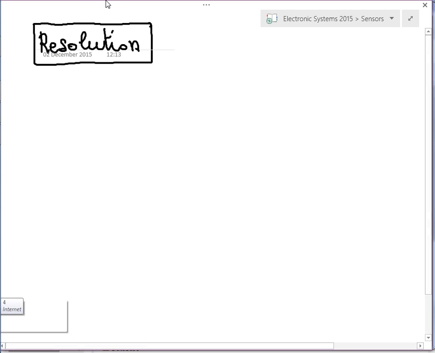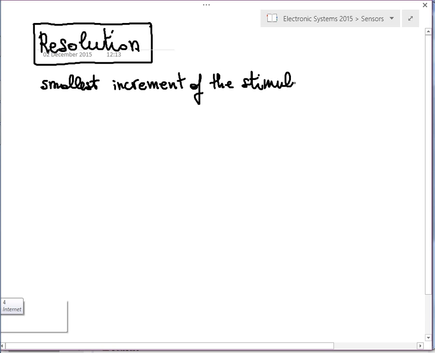Resolution in Italian is exactly risoluzione. And this is the smallest increment of the stimulus that can be actually sensed.